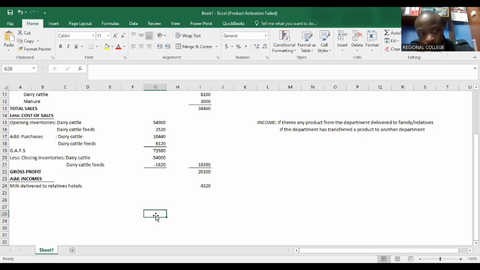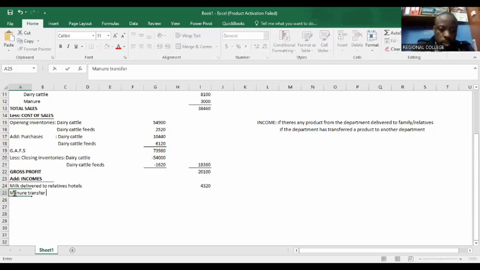So the manure is from the livestock, and they are selling it to the maize. So manure transferred to crop department. How much is it? 100,600.